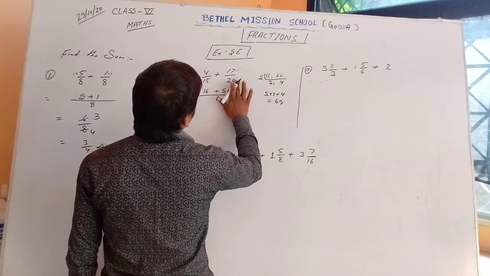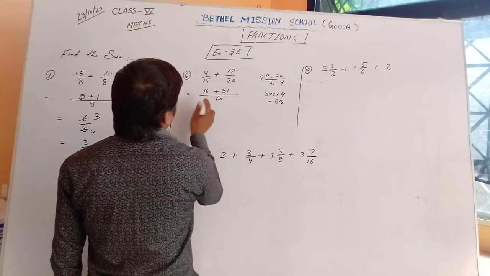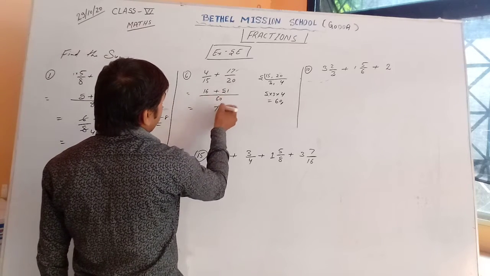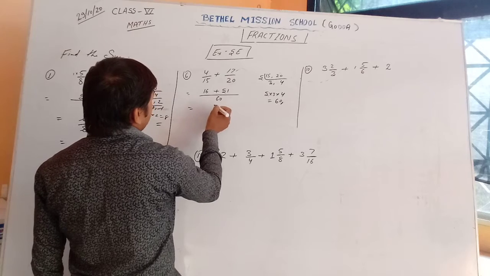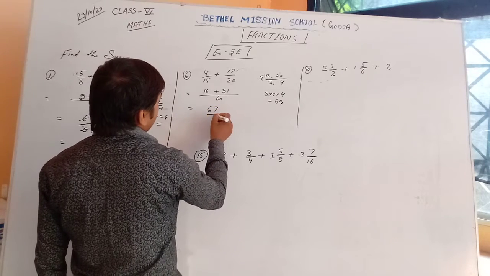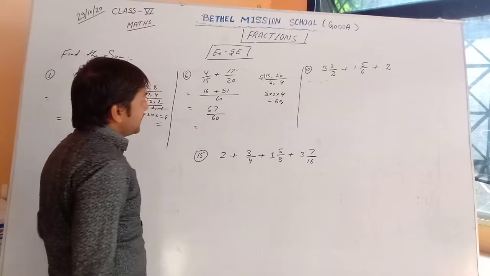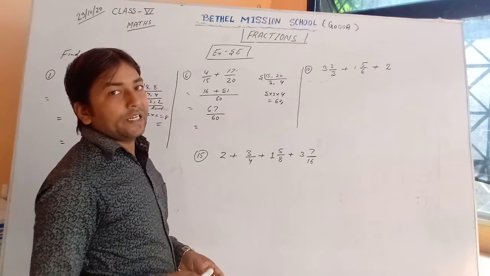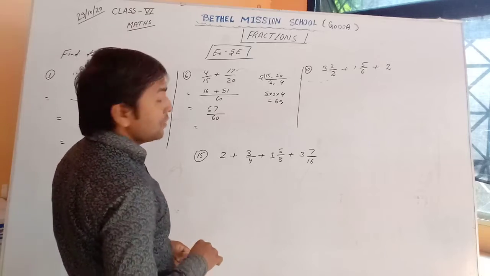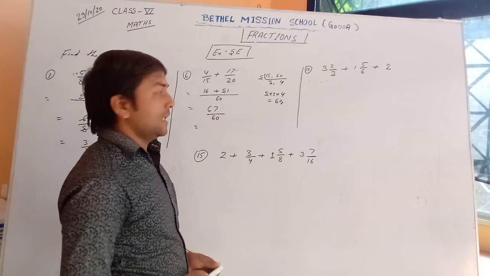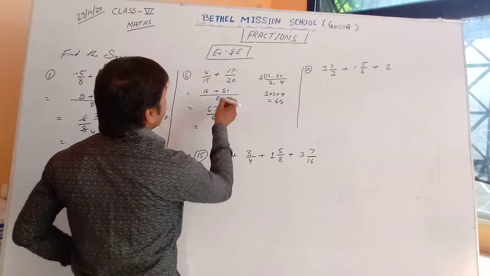Now add both numbers. 6 plus 1 is 7, 5 plus 1 is 6. Now you look, the numerator is greater than the denominator, and the rule says that the denominator should always be greater than the numerator.